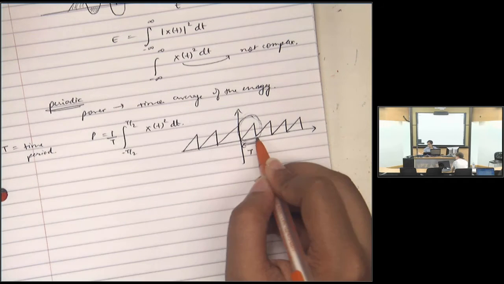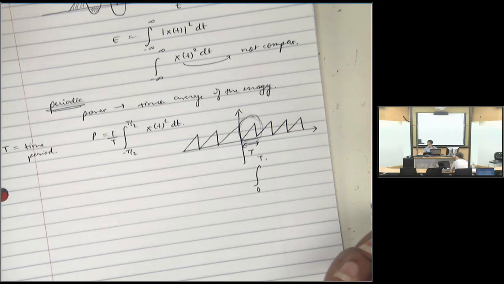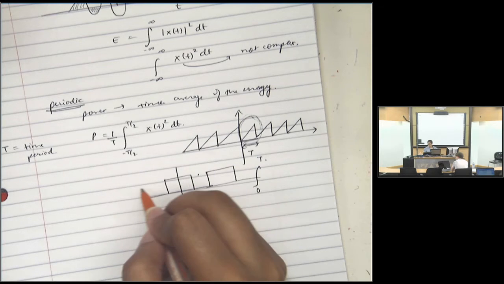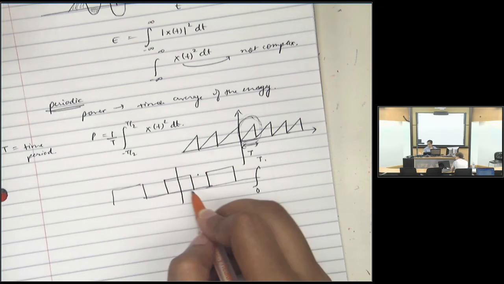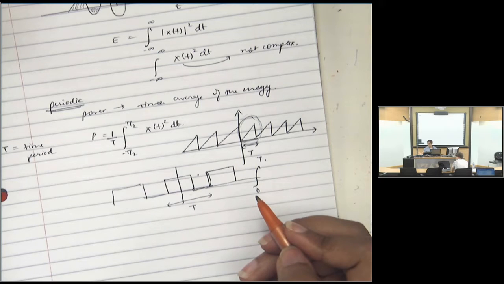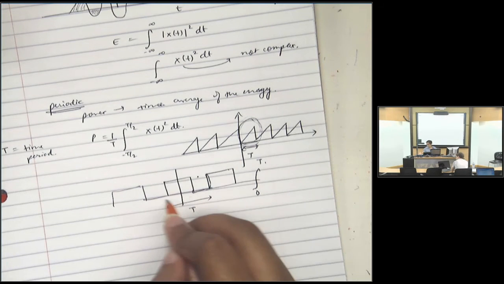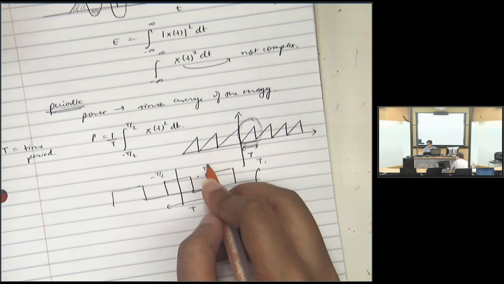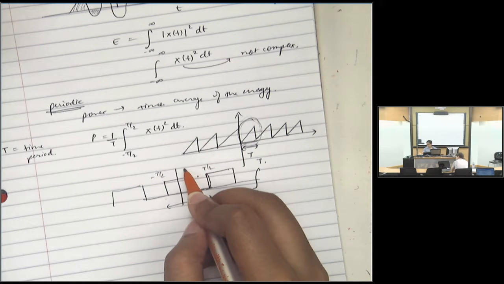So here when you divide this period, it's ranging from 0 to T. But if let's say you have a pulse which goes on like this, it's periodic, and let's say this is the time period for it. Now you are integrating from, this is minus T by 2, this is T by 2, and let's say this is some number T by 4.